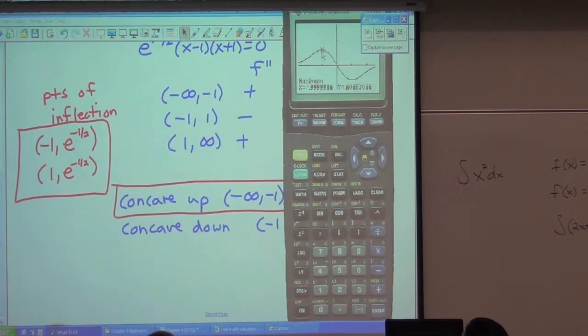It goes up until we get to negative 1, then it goes down until we get to 1. The second derivative is negative, because the second derivative is the derivative of the derivative. When the derivative of something is negative, that thing's going down. So when the second derivative is negative, the first derivative is going down. When the second derivative is positive, the first derivative is going up. So maximums and minimums of the first derivative are points of inflection of the second derivative.